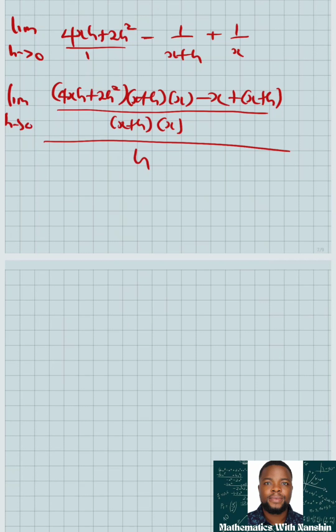Now that we have this, we can simplify further. Limit as h approaches 0. I can use this first x to multiply through the bracket. So we have 4x squared h plus 2h squared x.